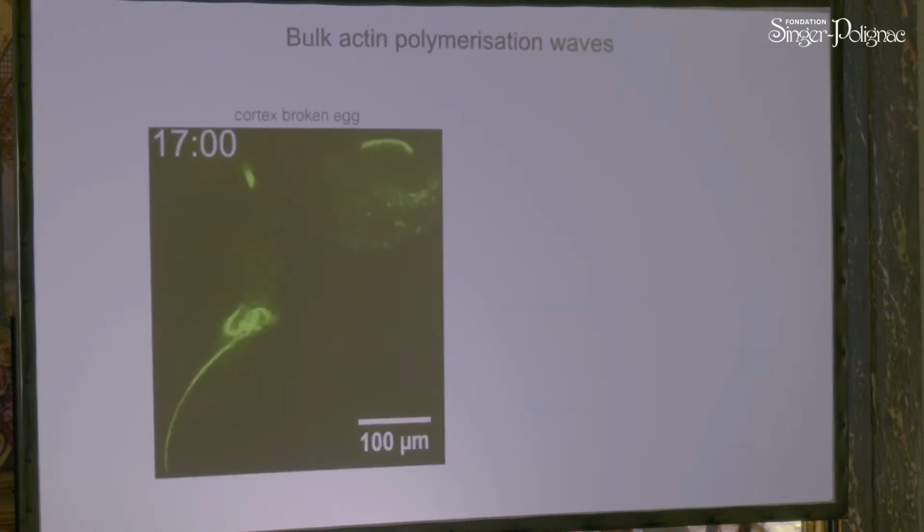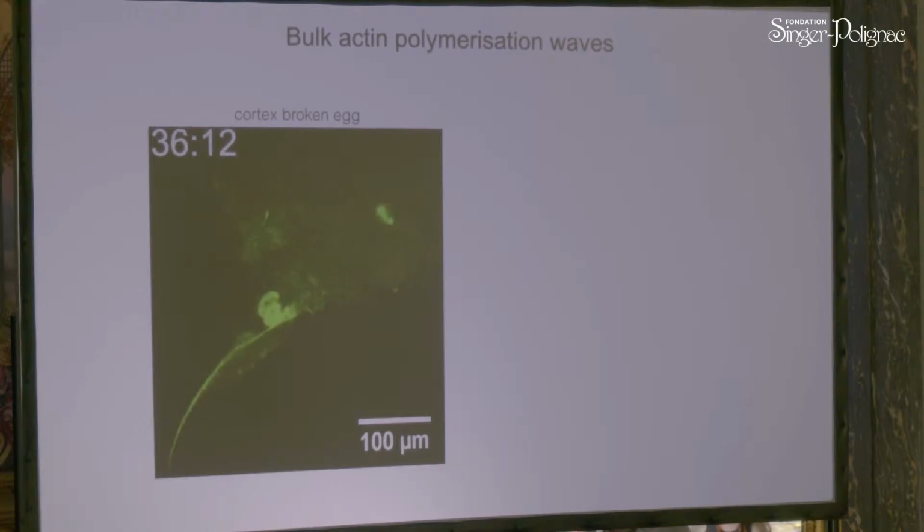Now the question he asked, of course, is how is this self-organizing property regulated? And what he noted, if this is again a soup here, and what he labeled is actin in green, is that at the former animal pole of this exploded egg there is a bulk actin polymerization wave originating and then traveling into this soup of yolk granules and ooplasm. That's interesting.